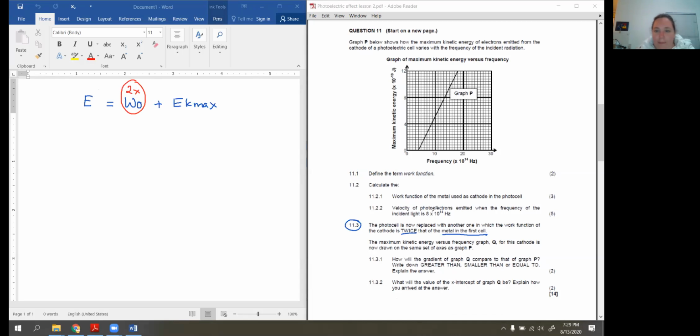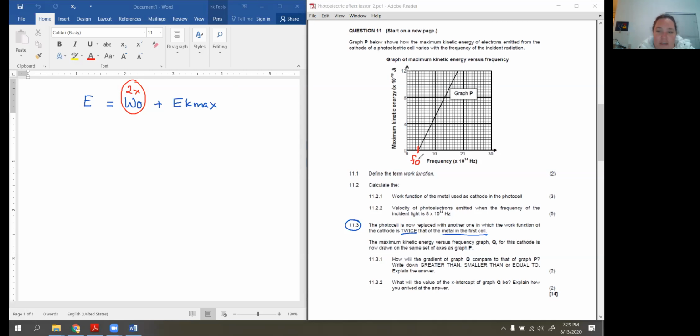Okay, so the maximum kinetic energy versus frequency graph, Q, for this cathode is now drawn on the same set of axes as P. So we're going to pretend that we draw this graph onto here. Now, what you may not have really realized is that this over here is my threshold frequency.